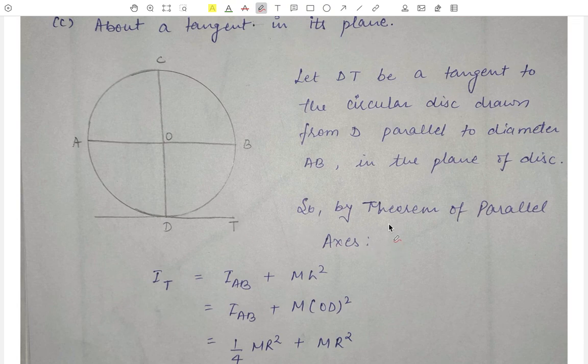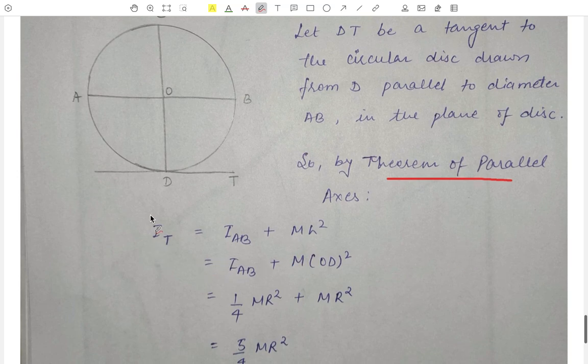Therefore, we will use the theorem of parallel axis that says the moment of inertia about one axis, here DT, will be equal to the moment of inertia about the second parallel axis IAB plus mh square, where m is the mass of the disk and h is the distance between the two parallel axes, that is OD, which is equal to the radius of the disk, R.